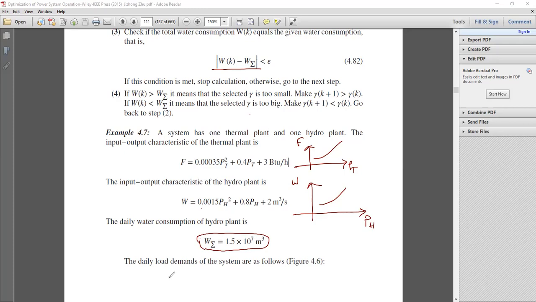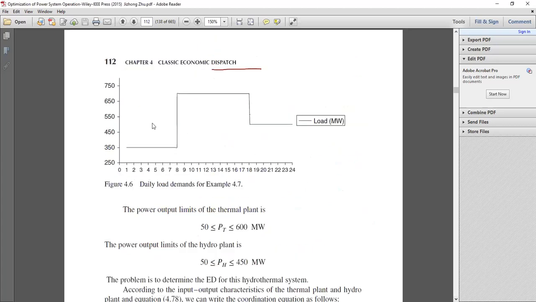Then they are giving you the load demand, the daily load profile for 24 hours. And it is something like this. So the x-axis reads the hours, starting from 0 up to 24, and the y-axis values are the load values, in megawatts.